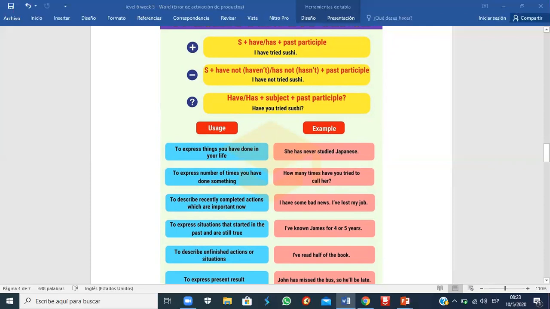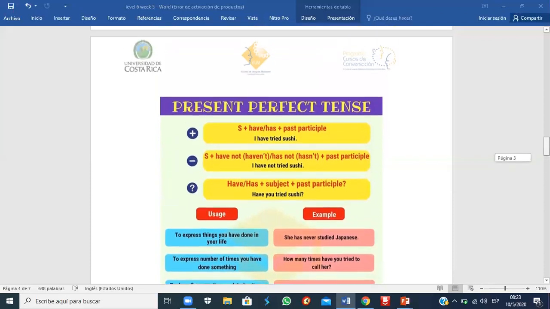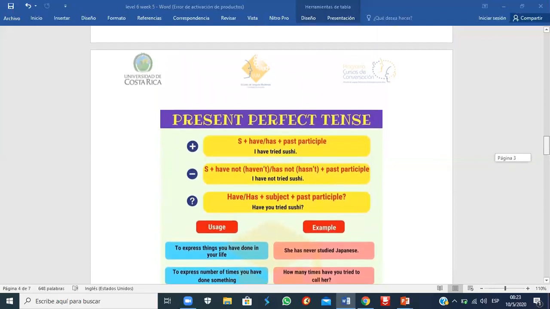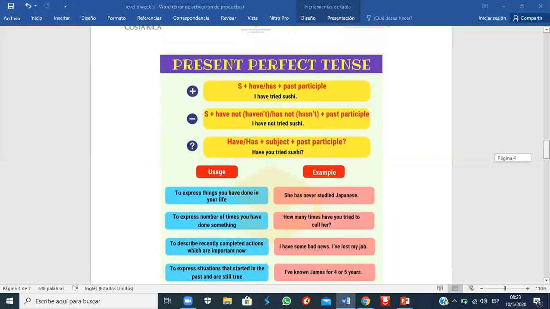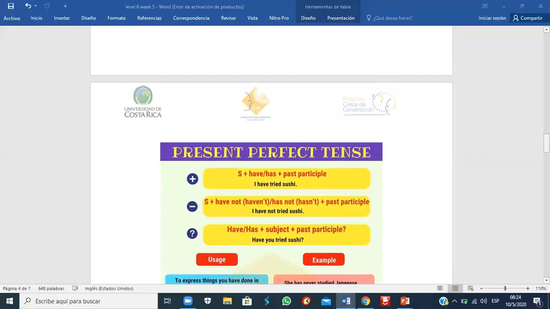Okay? So the present perfect is usually focused on expressing these ideas. It's like a compilation of all the things that we have done in our life. Es una compilación de las cosas que hemos hecho en la vida. A lo largo de mi vida he viajado, he conocido muchas personas, he sido feliz, he estudiado, etc. Or in a negative way, no he trabajado de albañil.